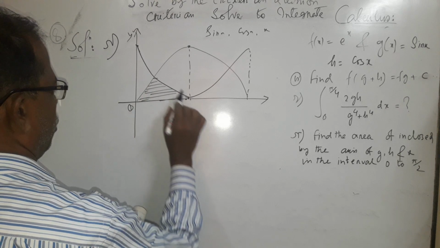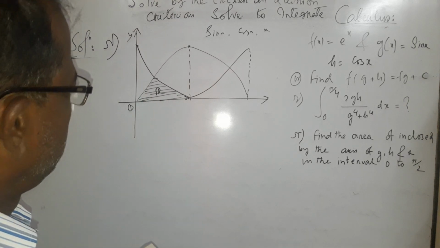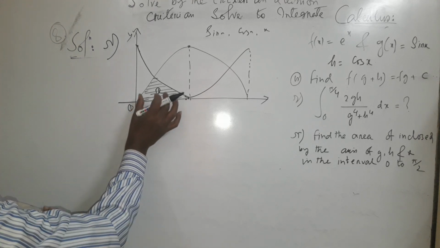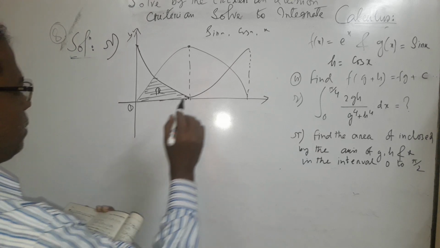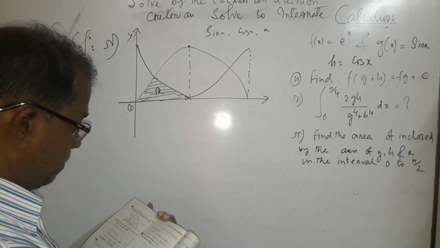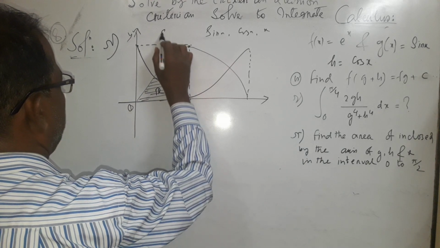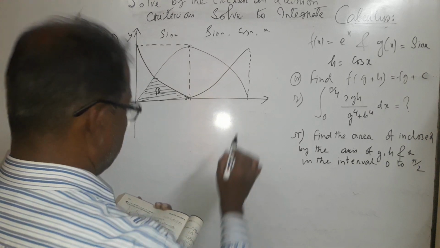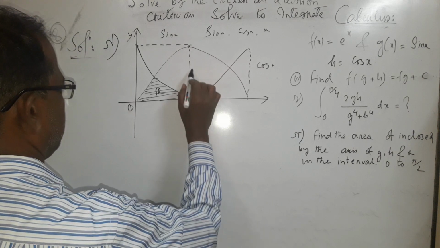This is the region. These regions are the area to find, this and that. This is sin x, this is sin x and cos x, and x is x.